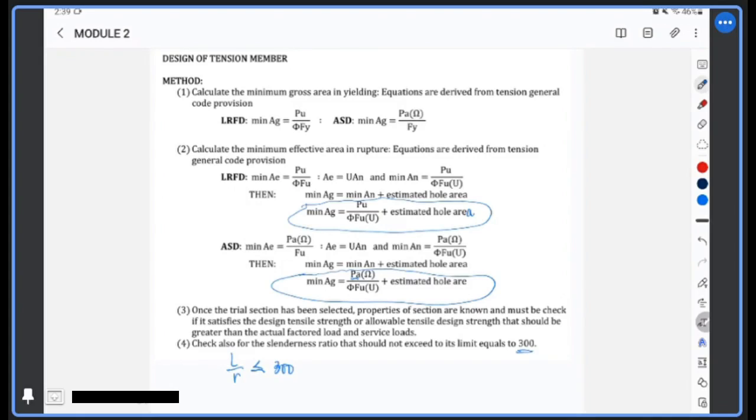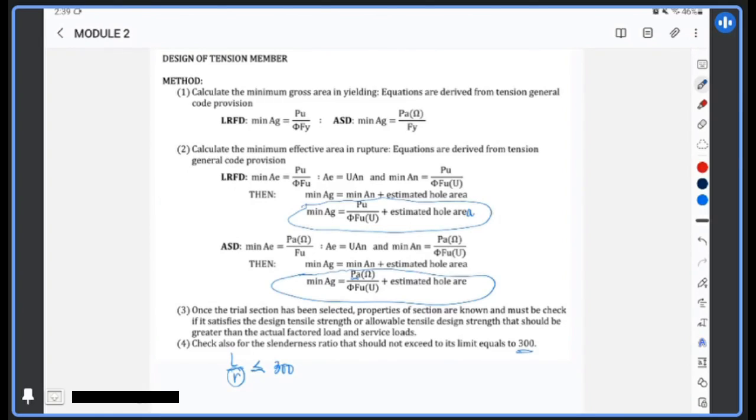So the computation for our r, guys, is it the least or the larger radius of gyration? Radius of gyration is also part of integral calculus and it is also a section property.